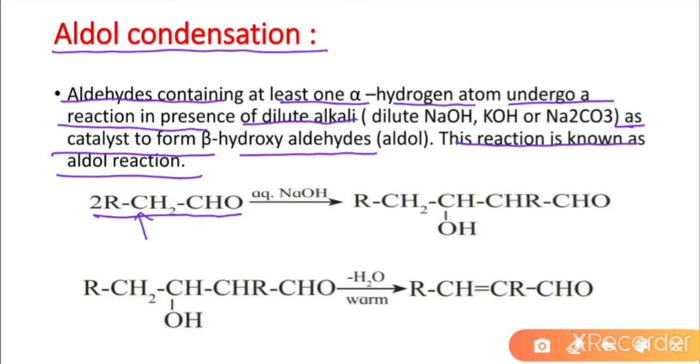The carbon atom which is near to the carbonyl group is called alpha carbon, and this alpha carbon contains 2 alpha hydrogen atoms.